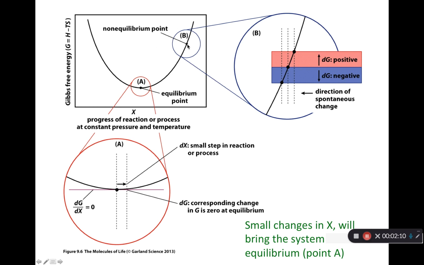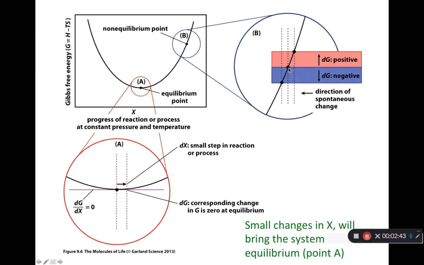So let's say you're at point B. If you zoom in, we all know the equilibrium is at point A because this is where the dG is equal to 0. We'll come to that. So if you're at point B, you will reach equilibrium if you go towards point A, but not if you go above B. So if you go from the central point here to the red region, if you go above, the change in Gibbs free energy dG will be positive because you're going from a lower value to a higher value.